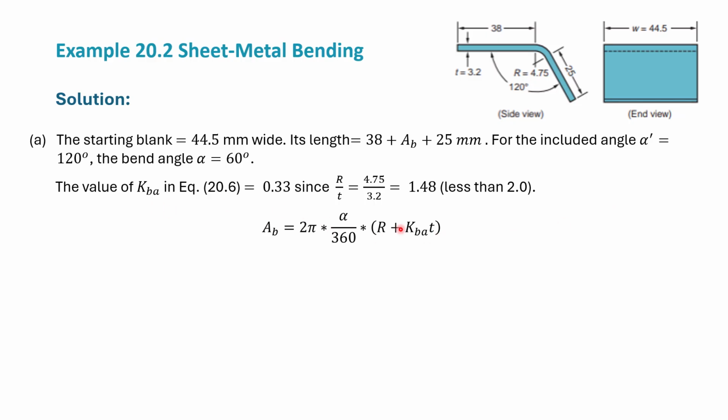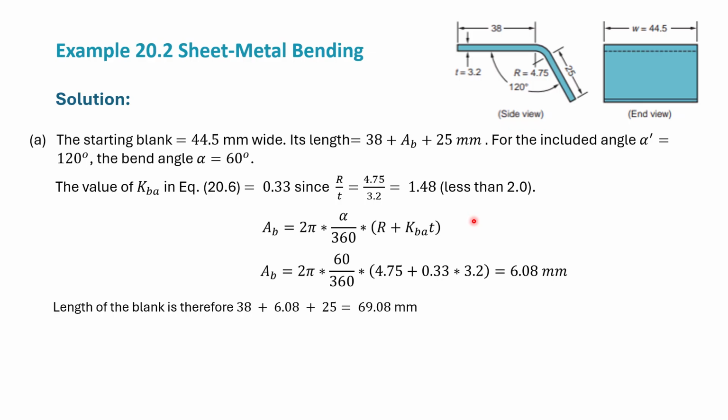The alpha is 60, the R is 4.75 millimeters, the KBA is 0.33, and T is equal to 3.2 millimeters. Applying these to the equation, the AB is 6.08 millimeters. Done. The length of the blank is going to be equal to 38 plus 6.08 plus 25, which makes it 69.08 millimeters. Of course, the width of that part is the 44.5 millimeters that we have.